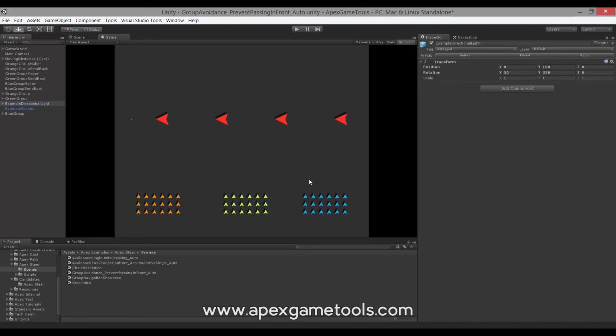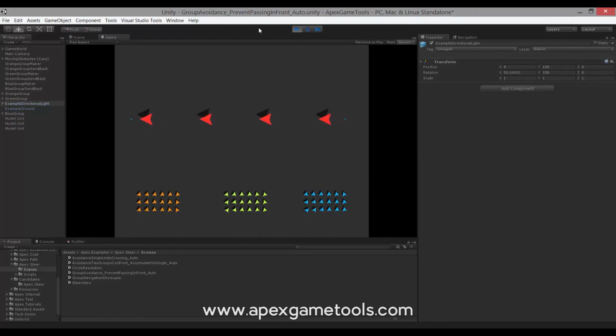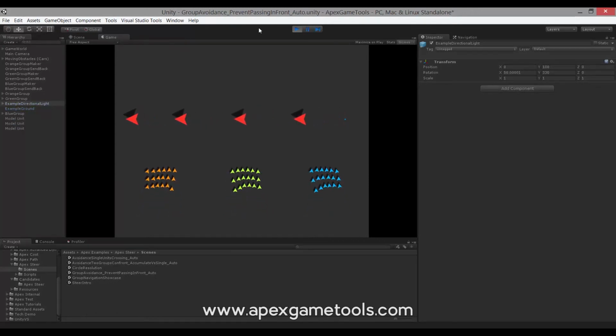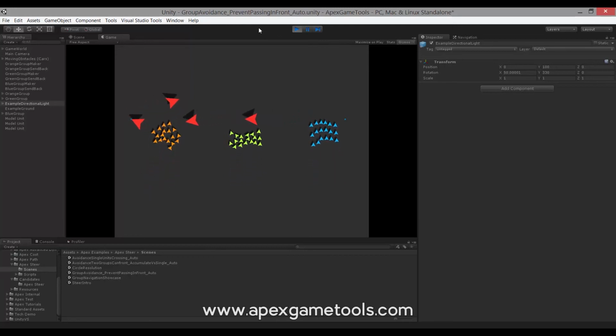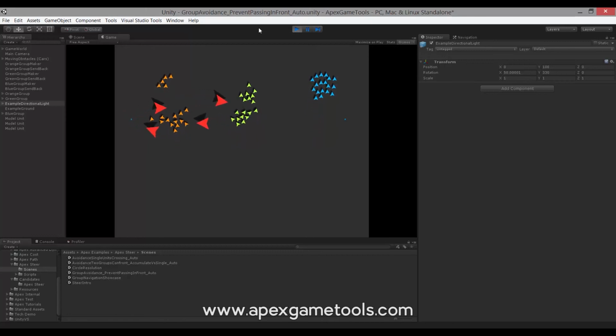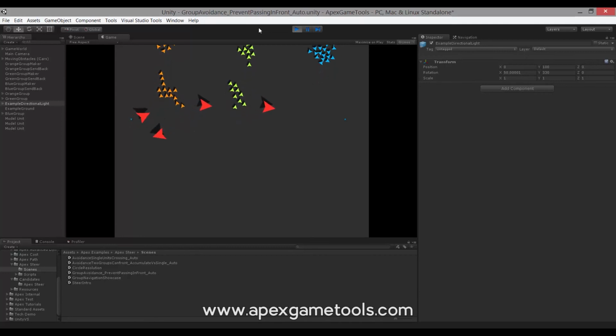Now all these units down here have the option to prevent passing in front, so they will actually try to pass behind these red units. Let's see that in action. So as you can see, the behavior basically causes units to brake and wait for the other units to pass by so that they can pass behind them.